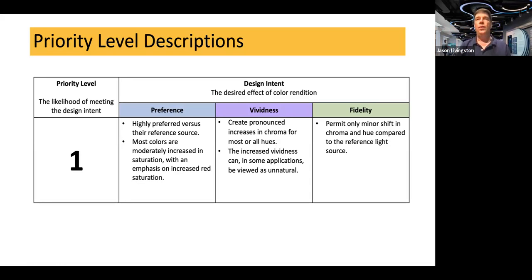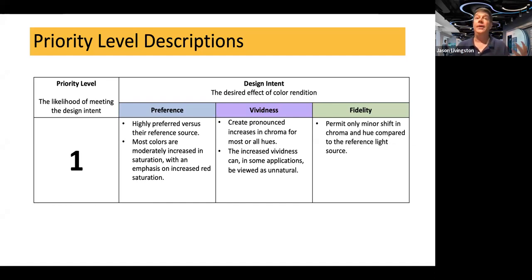So we've called these tiers priority levels, and there are three priority levels. Priority level 1 is the most stringent, right? So the most likely to achieve this design goal. But because the criteria are stringent, we may find there are fewer products that meet this goal.